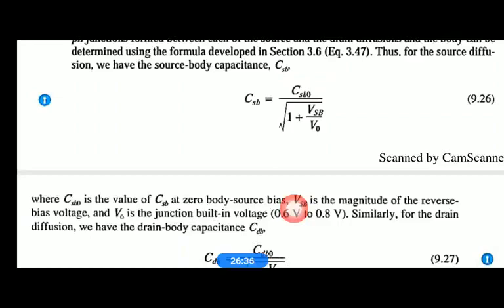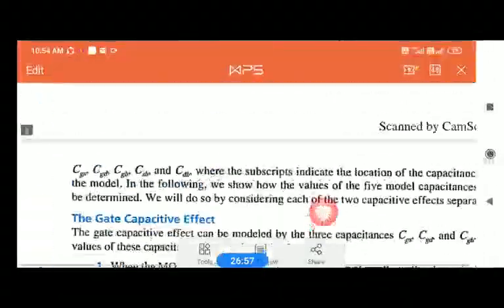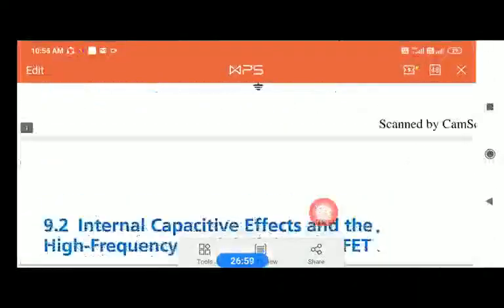Remember from the diode that the depletion voltage is 0.7 for silicon and 0.3 for germanium. Here we have 0.6 to 0.8 volt as V naught, and VSB is the voltage applied to the body terminal.